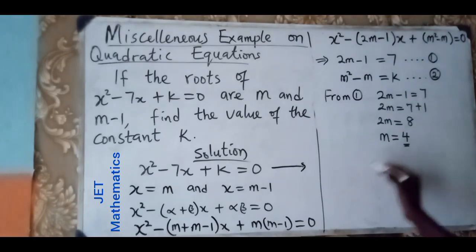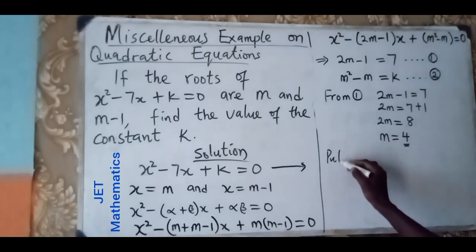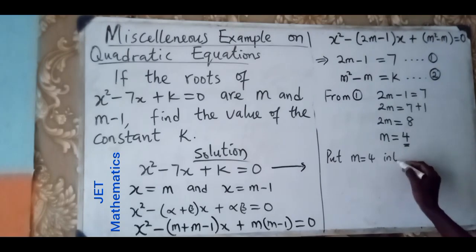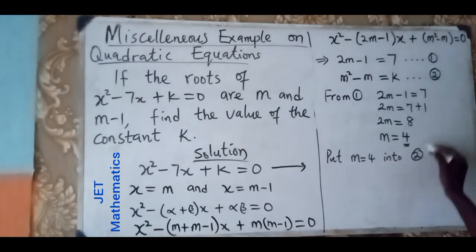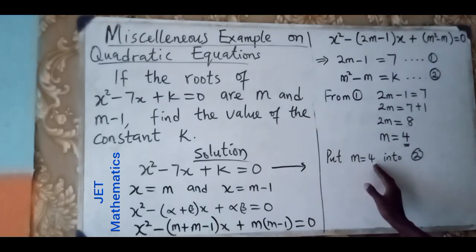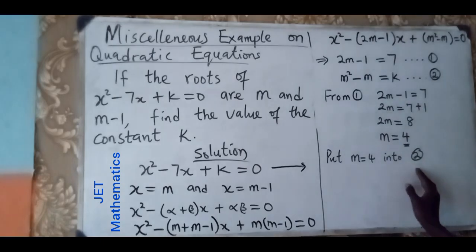Now since m is 4, we'll substitute m equals 4 into equation 2.